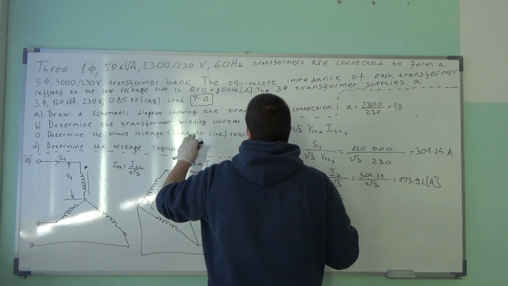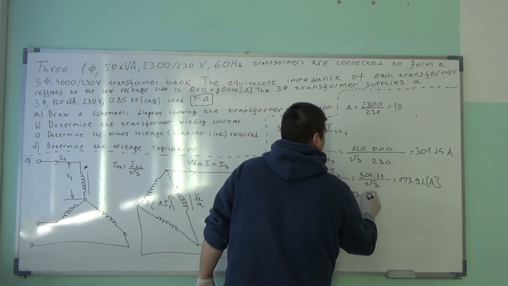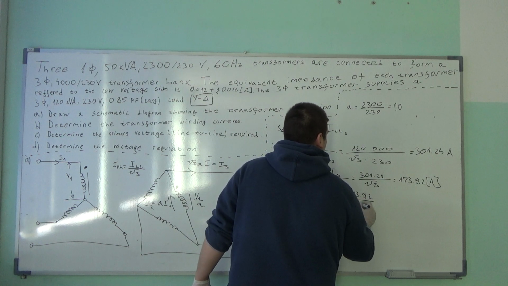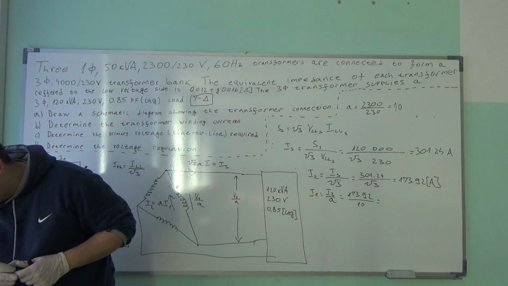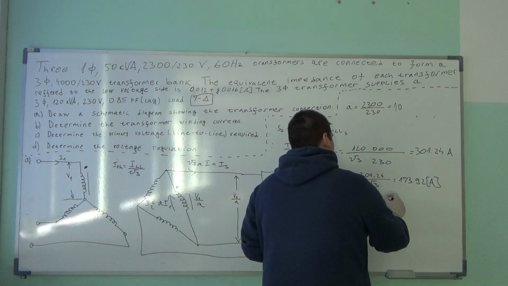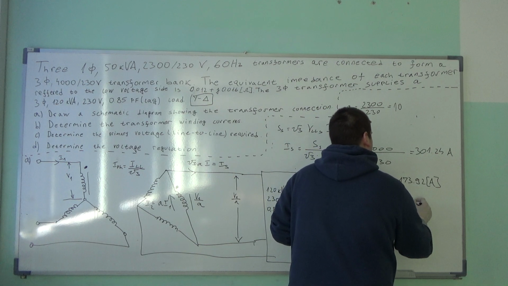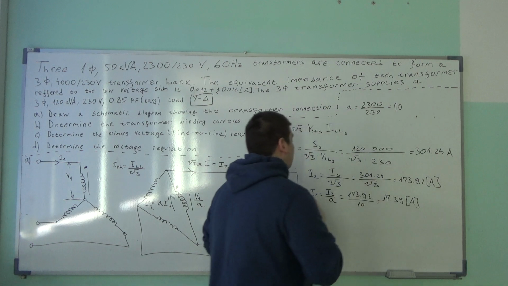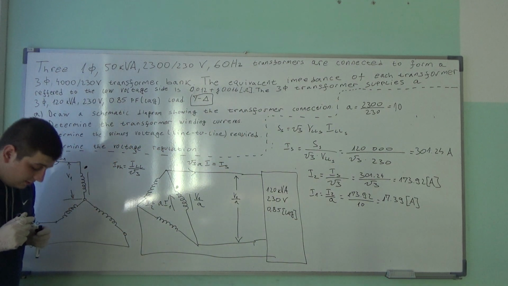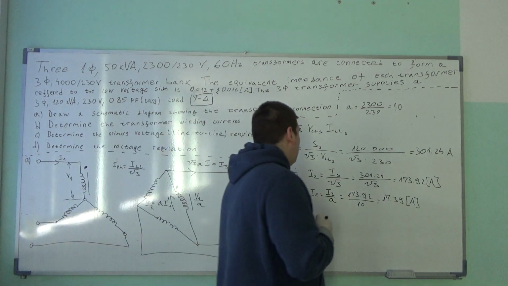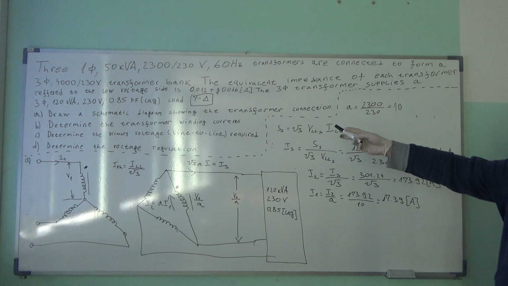And that is equal to 173.92 divided by 10, which is 17.39 amperes. So this is the current on the primary side. So we solved for B the winding currents.